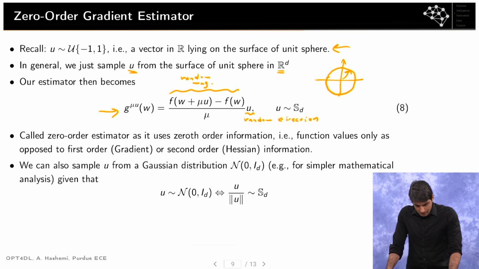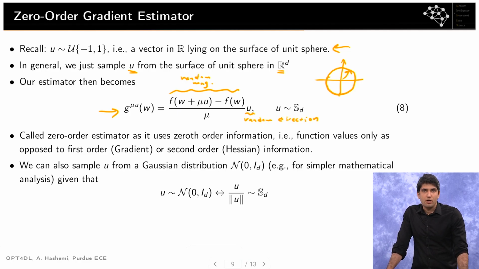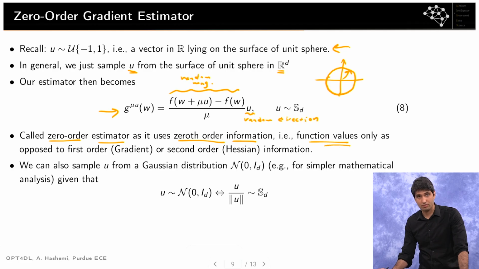Okay. So this is what we're going to use to optimize loss functions without the gradient information. Okay. And this estimator is called a zero-order estimator because it only uses zero-order information, basically the function values. It doesn't use first-order information or the gradient, nor the second-order information, the Hessian.